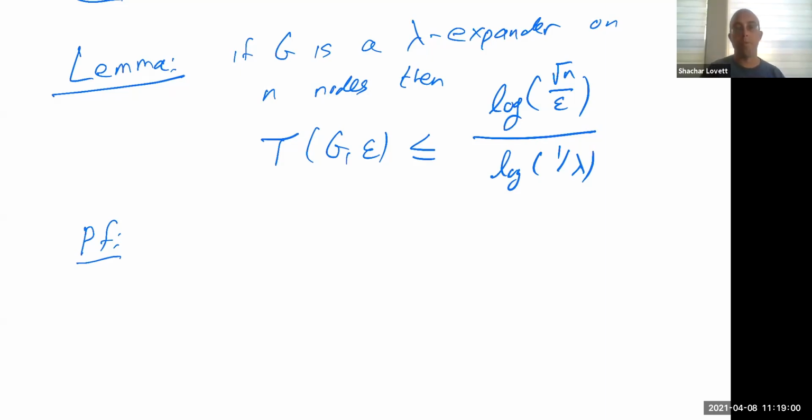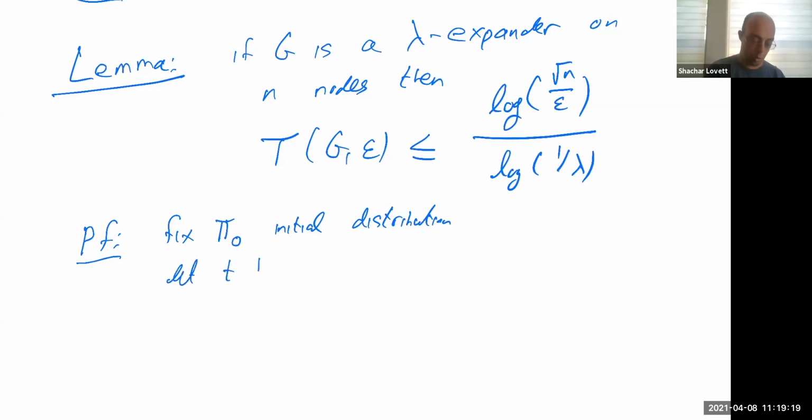So the trick is, fix some distribution, let's call it pi 0, some initial distribution. And fix t, to be determined later, and we're going to get the bound that we're claiming to get.